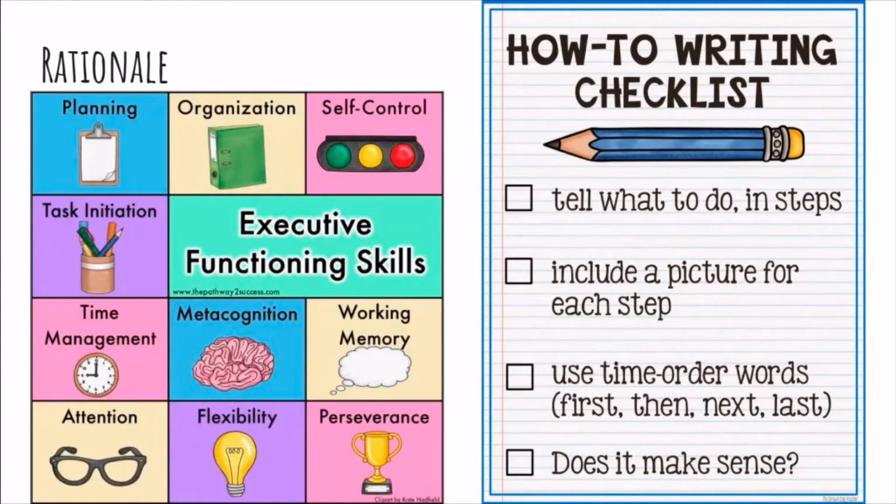In terms of writing, they need to organize their writing, make a plan for how they're going to write, and take time to revise, which all relate to the executive functioning skills. So these are skills that students need, not just for writing, but for everyday activities.